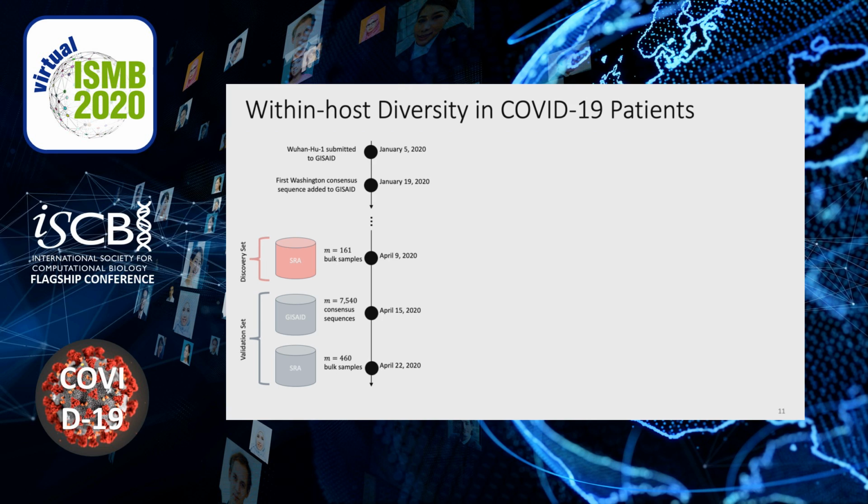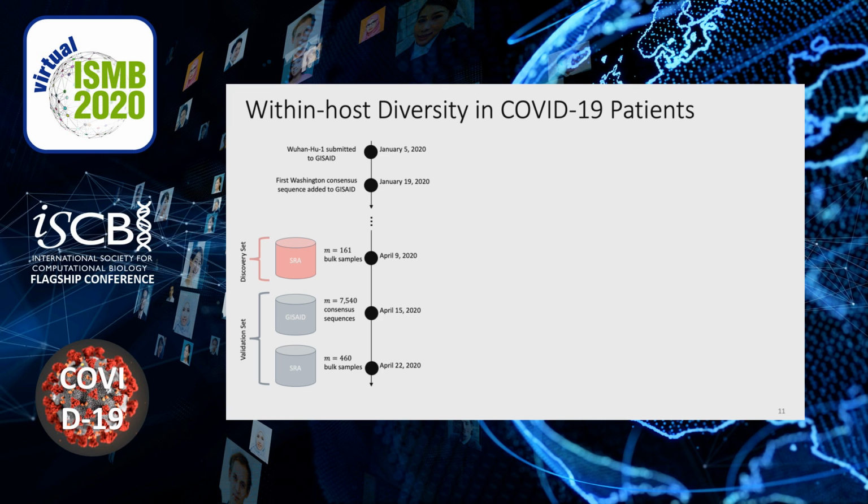So this slide shows a rough timeline of our analysis. So the first whole genome of SARS-CoV-2 was deposited to GISAID on January 5th of this year. We generate a discovery set of high quality bulk sequencing samples deposited to SRA before April 9th. This set is used to identify the number of viral strains and the mutations that are present in these strains.